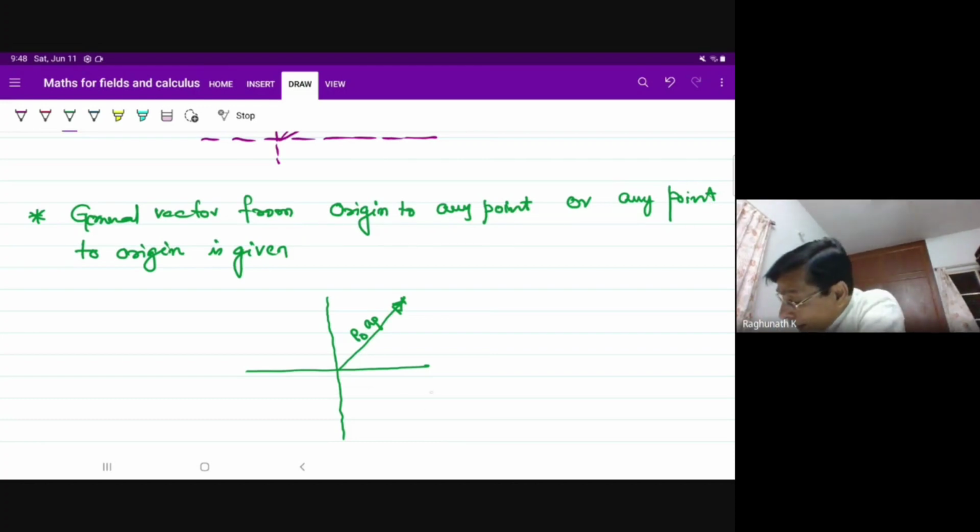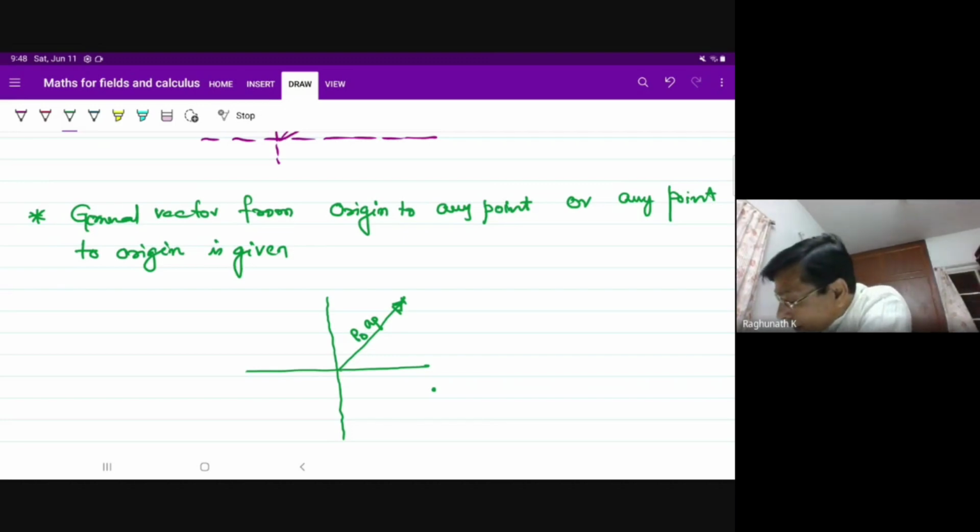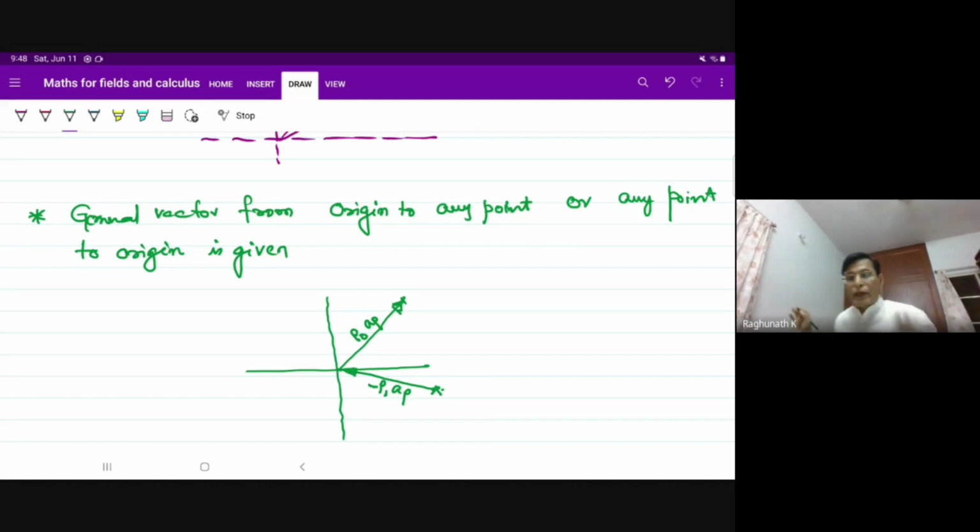Or any point to origin is defined. Vector. What is this? Minus rho 1 a rho. Minus rho 1 a rho. That's all.